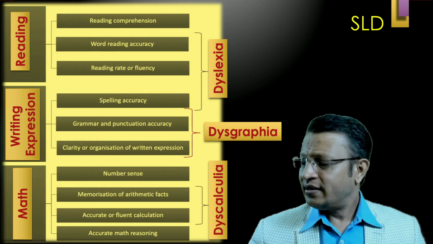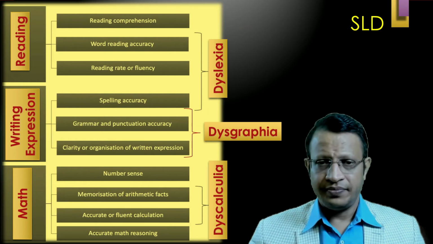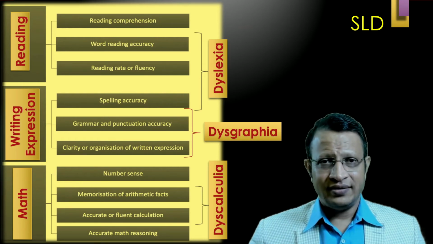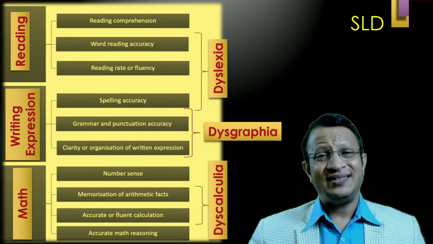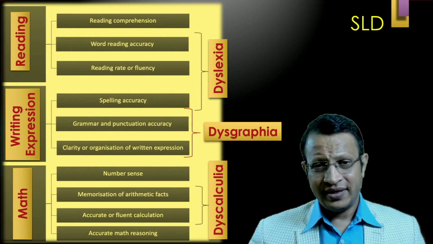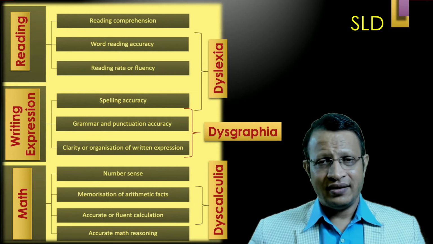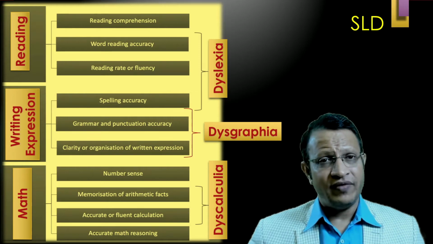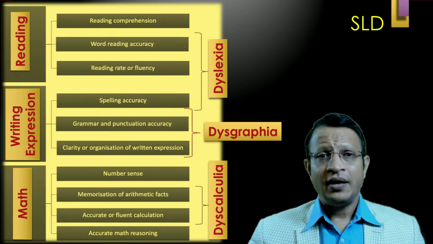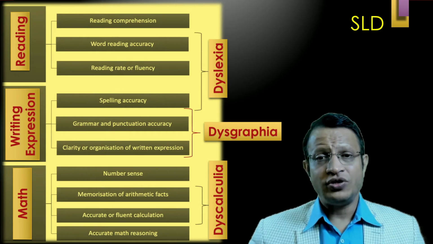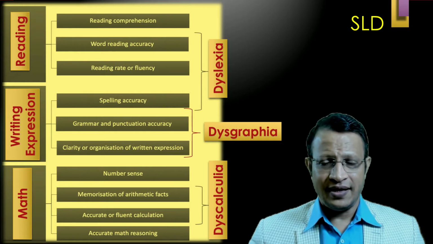Let's understand this picture. Here you can see the reading, writing, and mathematical. These are the three important DSM-5 categories. In reading, there is a problem in fluency, that is rate, accuracy, comprehension, and also spelling accuracy is also considered as dyslexia.